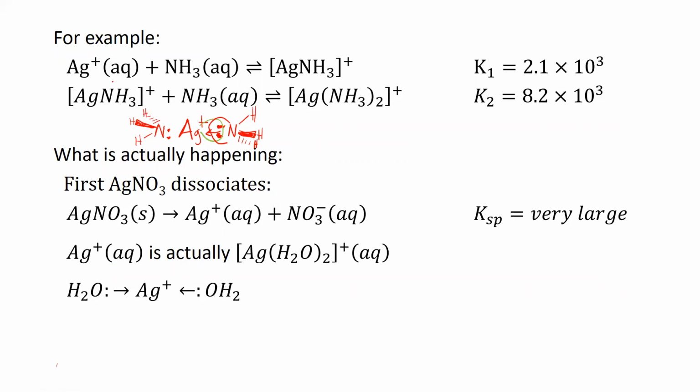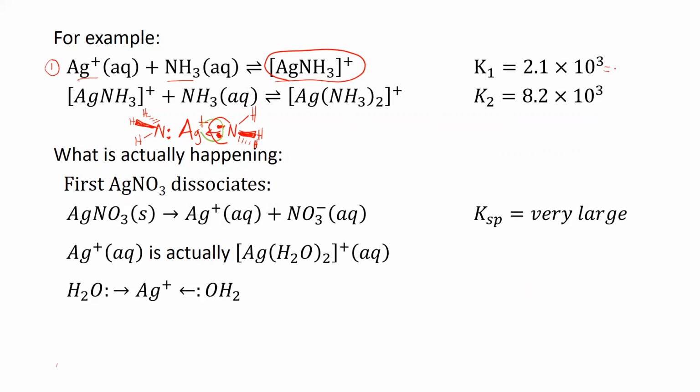Now, when we say they add stepwise, you can think about this as being equation 1, where the silver ion reacts with the ammonia to form this complex ion. This is a complex ion here. Okay, and that complex ion has an equilibrium constant associated with it.